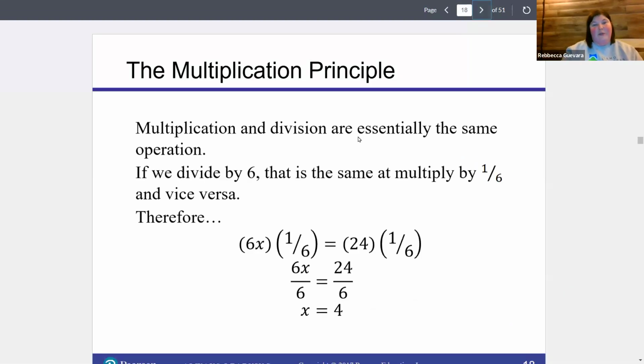This is mentioning again that multiplication and division are actually the same operator. We just break them up a little bit. If we divide by 6, it's the same as saying we multiply by 1/6.